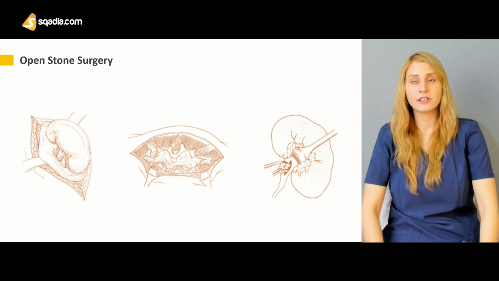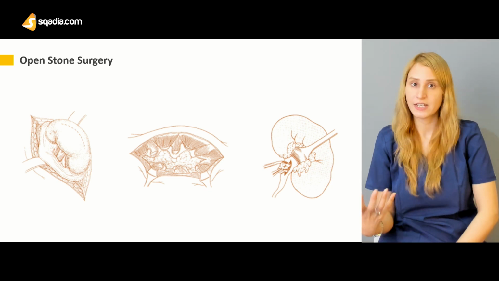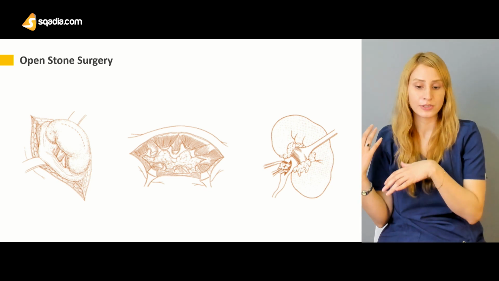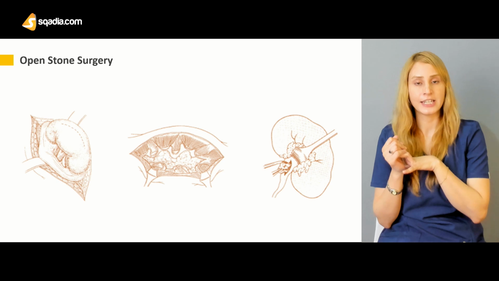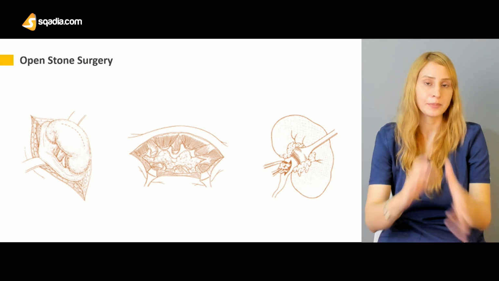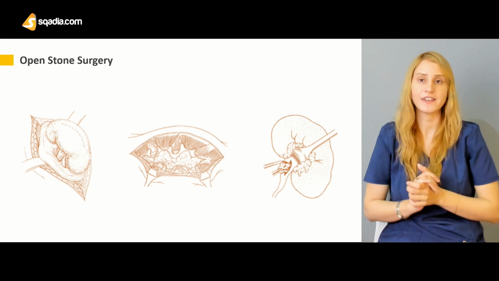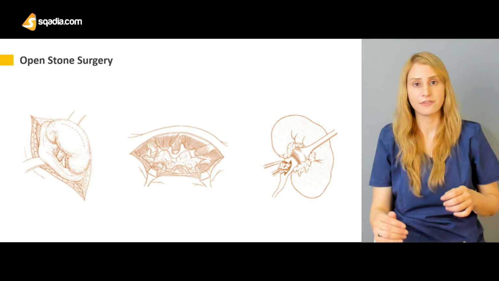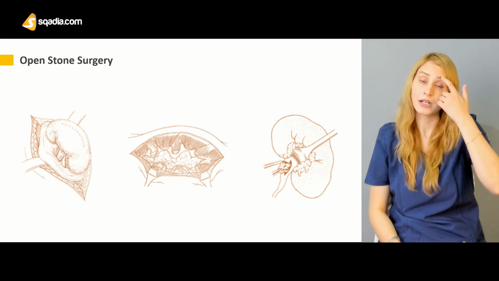This is not used today, but you should have a little bit of an idea how you do it. Most importantly, we follow the posterolateral approach for this and mobilize all the structures and reach the parenchyma, get rid of the perinephric fat, make a small vertical incision, and go down to the renal pelvis.